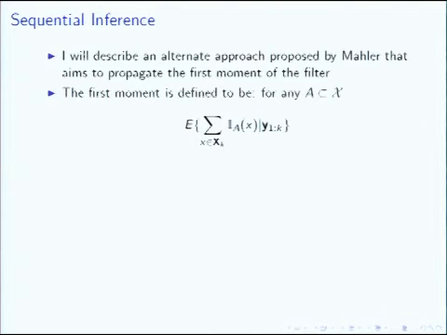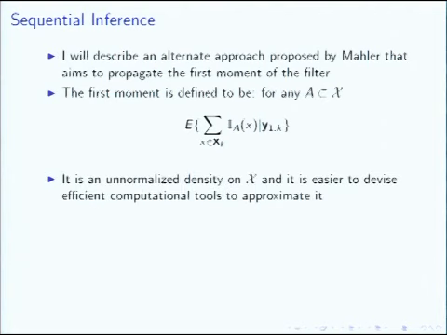As a mapping, it maps all the measurable subsets of X to a number, and you can think of it as an unnormalized probability density on X. Regardless of however many points there are in the hidden process, this intensity is an unnormalized density or measure on X, and it is easier to devise an efficient computational tool to approximate it. This is the motivation for why Ronald Mahler introduced this notion of an intensity.